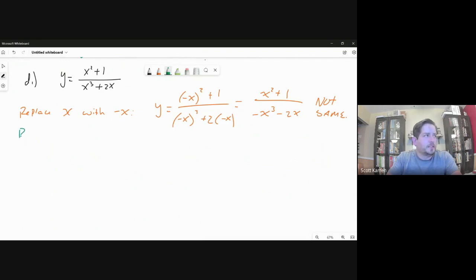So we'll move on and say, let's replace y with negative y. That's just negative y equals, and everything on the right-hand side is the same. But this isn't the same either.